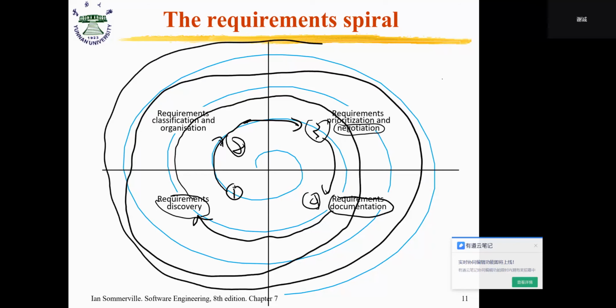And the further out the circle, the more complete your document becomes. So this is why I require you to do the version 1 requirement documentation, then version 2 requirement documentation, because we're trying to follow this requirement spiral.